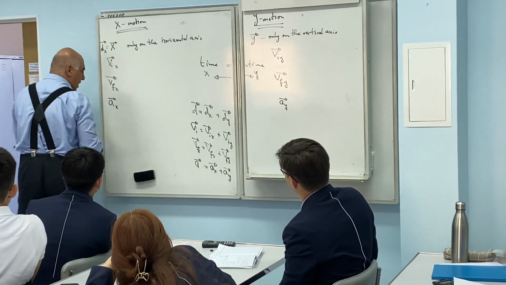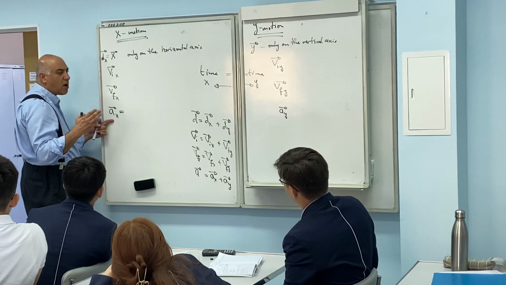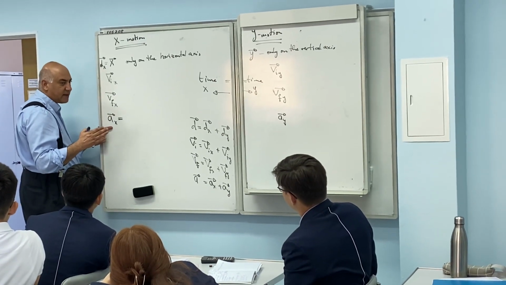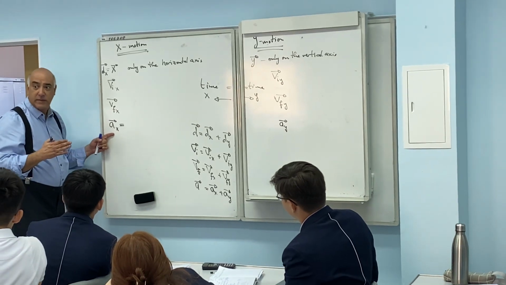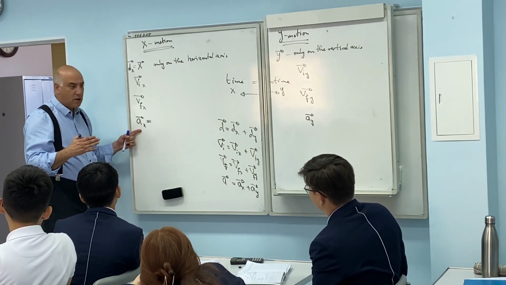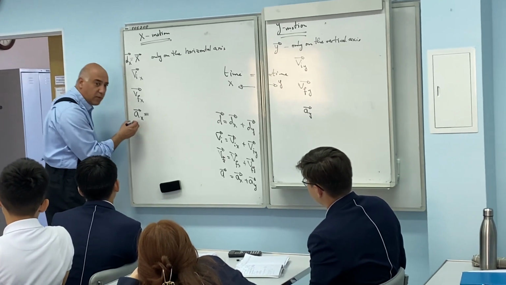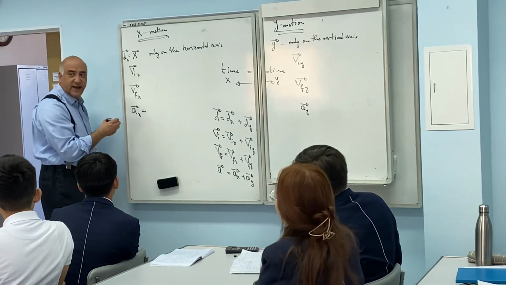What's the good thing? On the horizontal axis, usually they say there is no other force except gravity. Gravity is acting which way? Down. Which axis is that? Vertical. What does that say for the horizontal component? What is the horizontal component of acceleration?